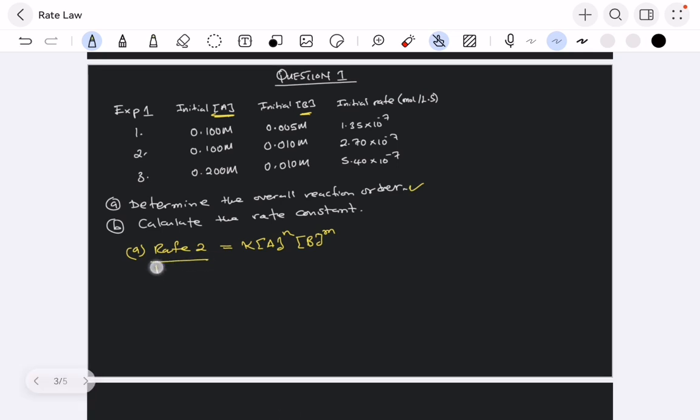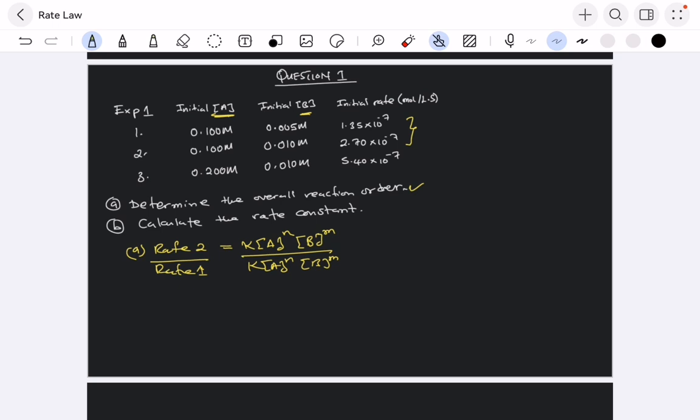Then rate 2 over rate 1 is again going to be K, the initial concentration of A to the n, then B to the m. So what we're doing here is to find these exponent values. We are using these two experiments, experiment 1 and experiment 2. So we're going to key in the variables.